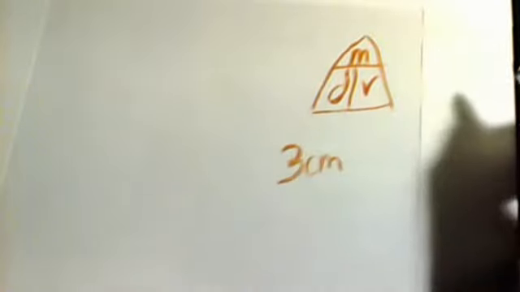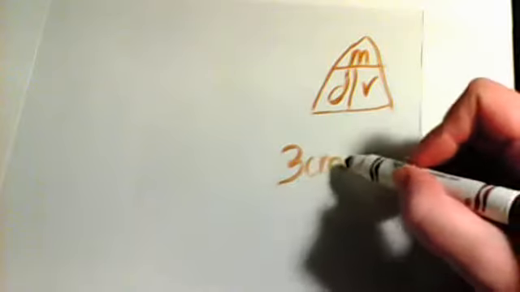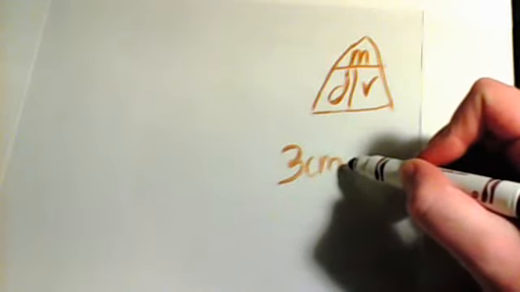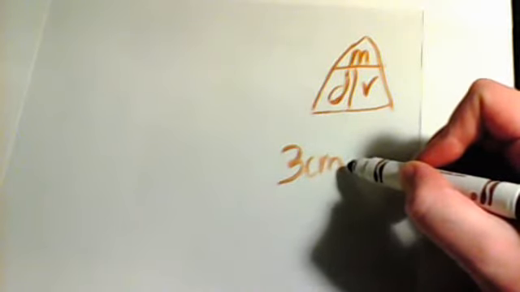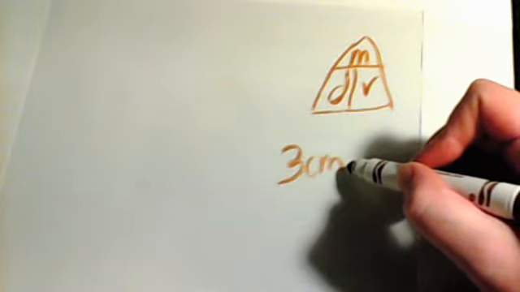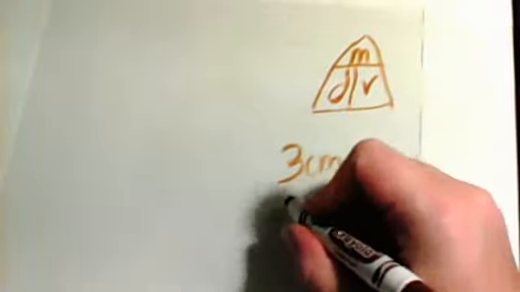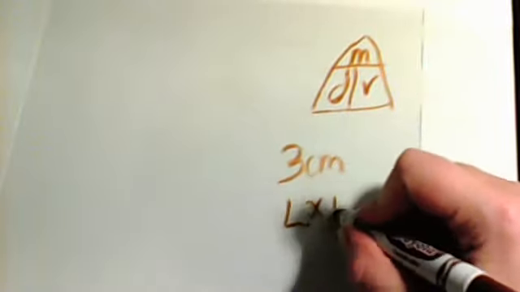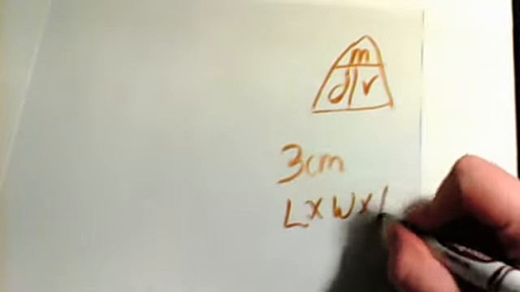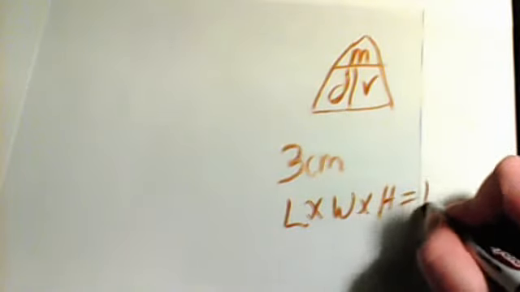If you look at the units, this is not cubed, which means it's not a volume. So we have to find the volume. If it's the same on each side, then you're going to take length times width times height to equal your volume.